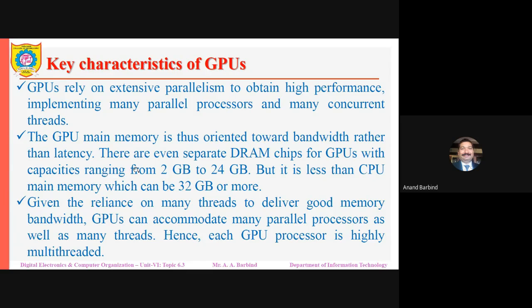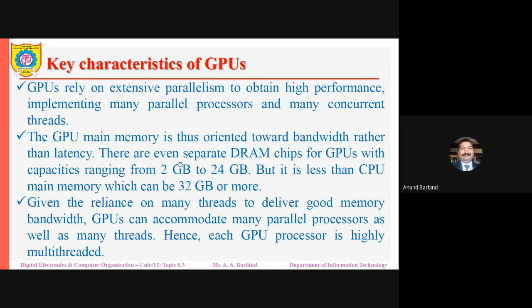The capacities of this display RAM may range from 2 GB to 24 GB. Some of the processors you may be using on your laptop may have only 1 GB of graphics memory, but if some silicon graphics workstation is there, then that memory may be as high as 24 GB.